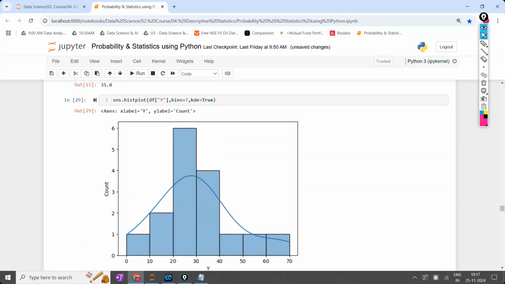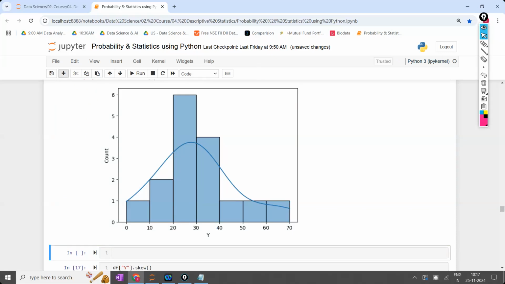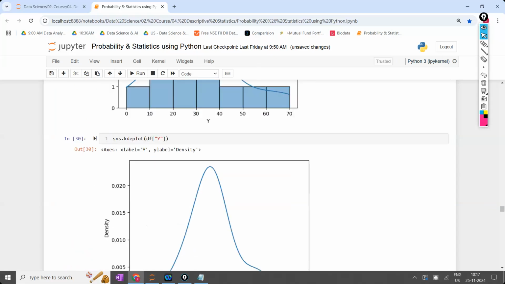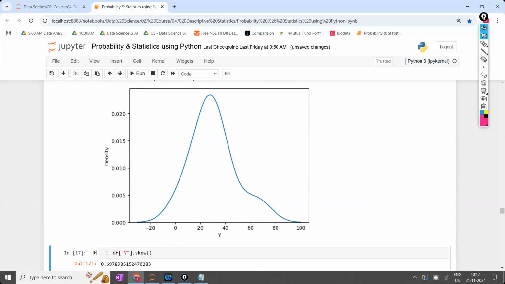Just instead of this, one more time, I'll show you exclusively sns.kdeplot of df of Y column. Now, wherever the peak is, that peakness you have to take as the center point. Wherever the peakness is, that is the center point.